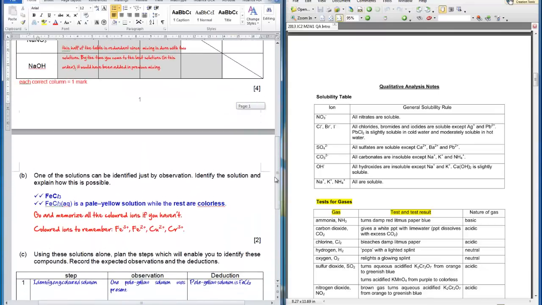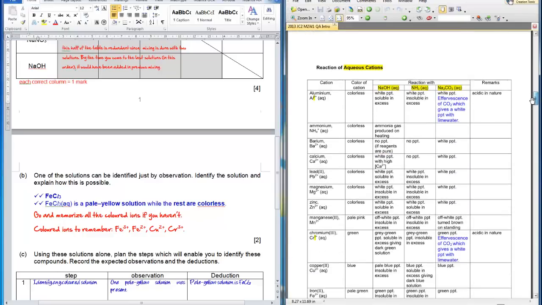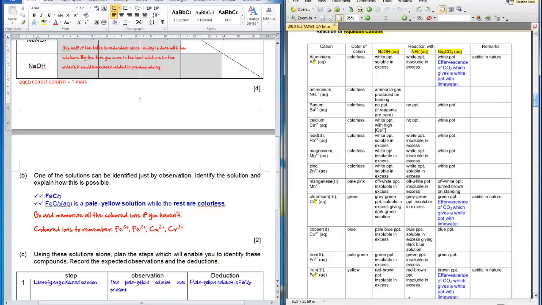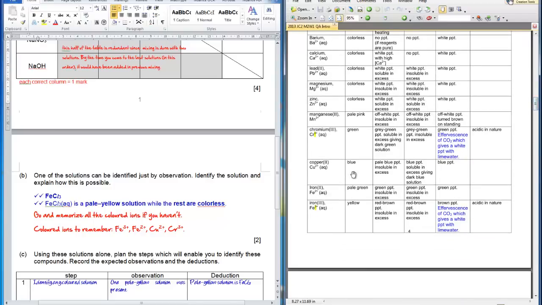So by just looking at the solution, you can positively identify iron trichloride. It's good to memorize all the colored ions if you haven't, and the colored ions to remember for our context of assessment would be these four ions, also in your notes. You have the chromium 3+, which is green, and the copper 2+, which is blue.